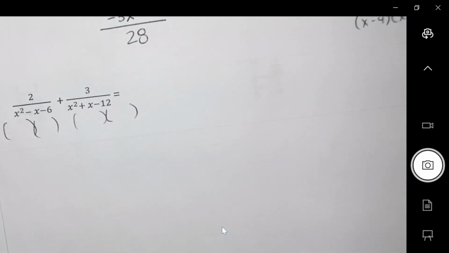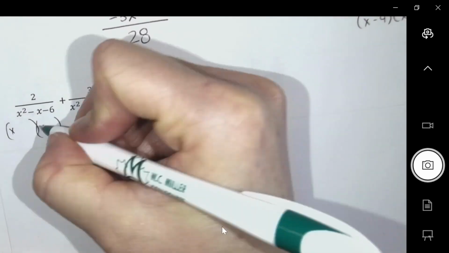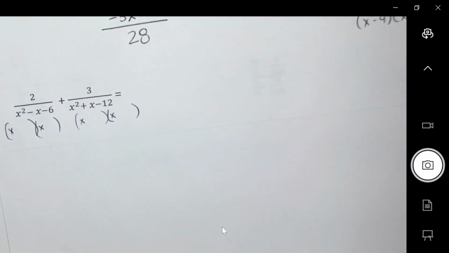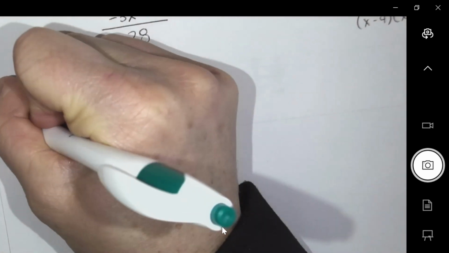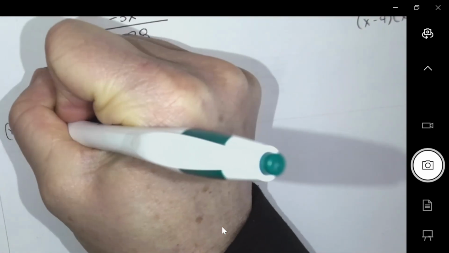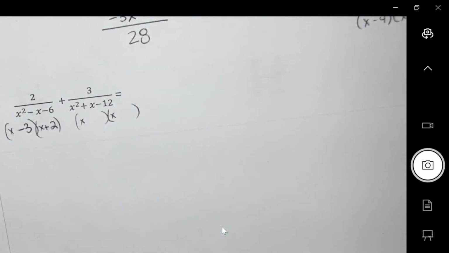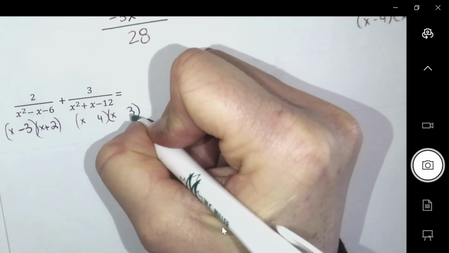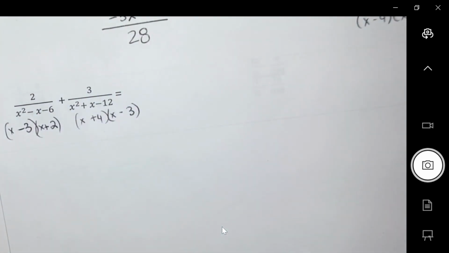They're both simple trinomials, so I'll let you have a second of your own to factor both of those. Okay, so the first one you should have used a 3 times a 2. Did you get that one right? And for the 12, you should have been using a 4 times a 3. Okay.